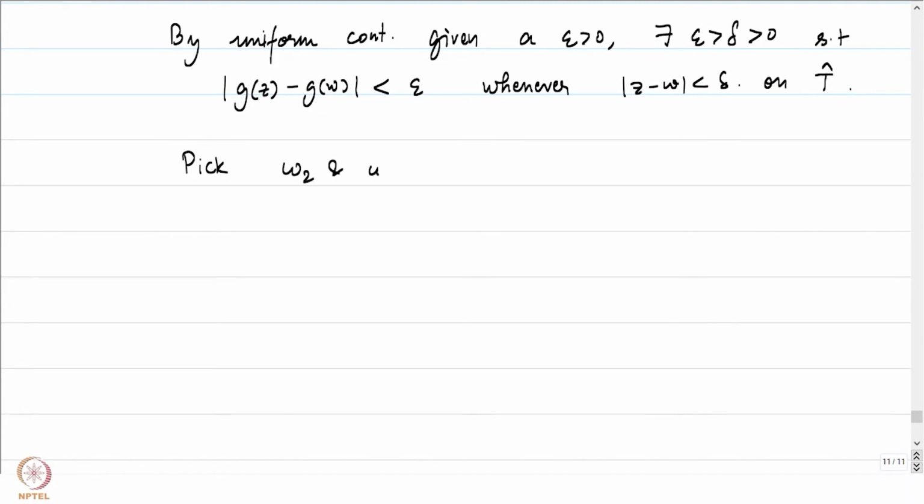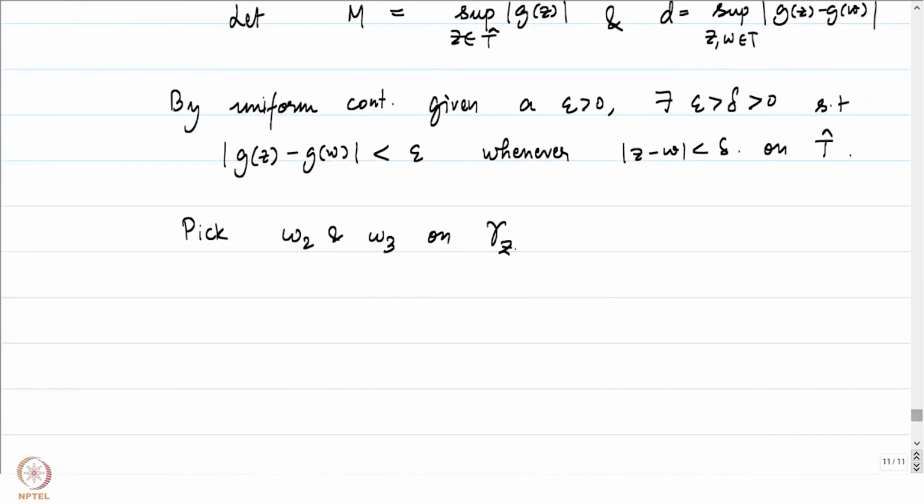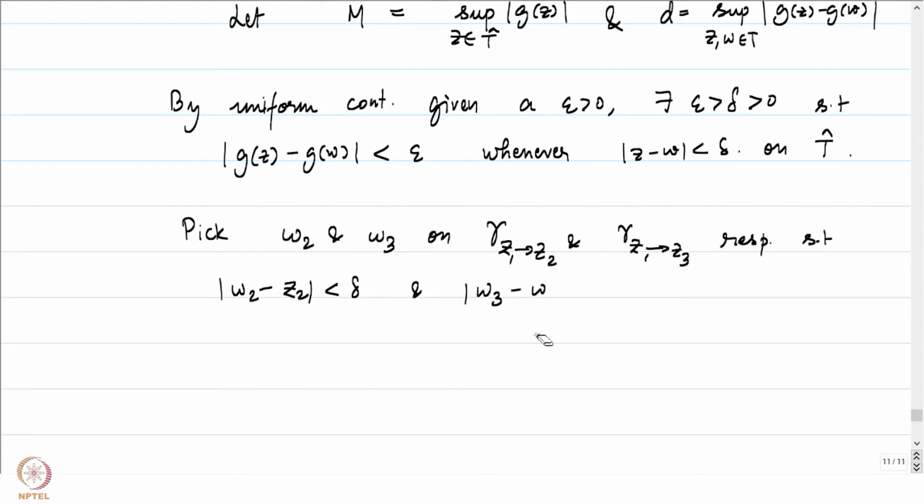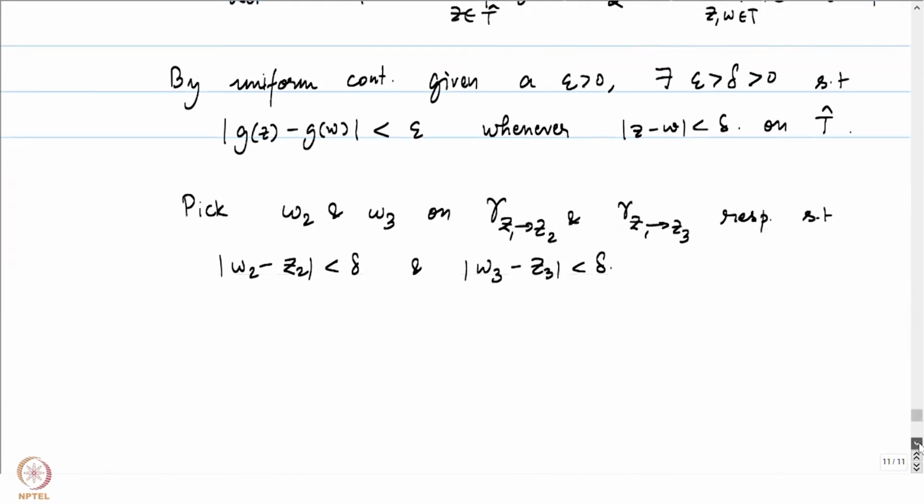W2 and W3 are on gamma Z1 to Z2, and gamma Z1 to Z3 respectively, such that the absolute value of the difference of W2 and Z2 is less than delta. W2 is at a distance less than delta from Z2, and similarly W3 is at a distance less than delta from Z3. This is something which we have already picked.